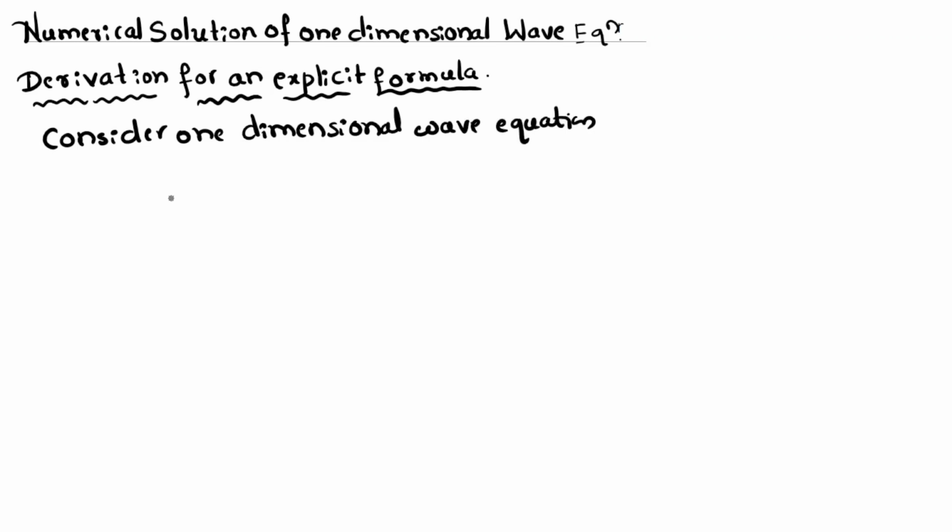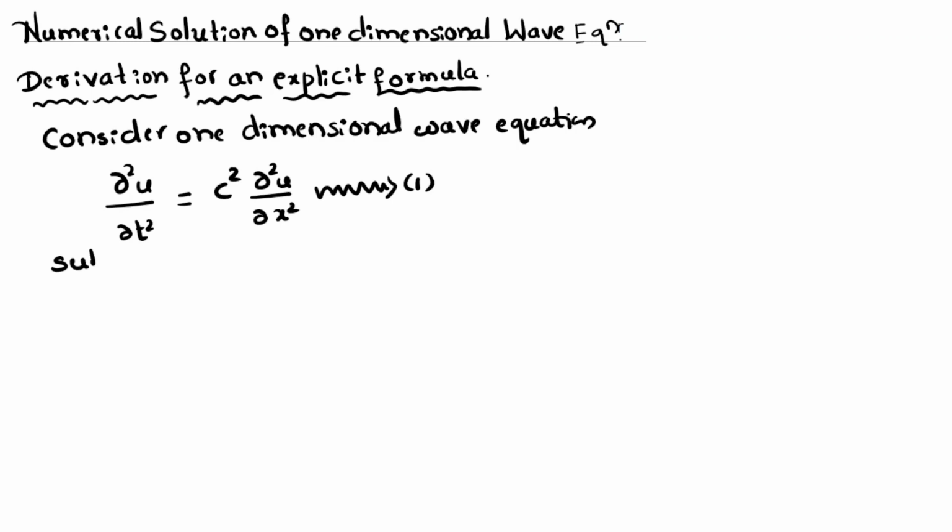It is given by dou square u by dou t square is equal to c square into dou square u by dou x square. We call this equation 1. Now this equation is subject to the boundary conditions.